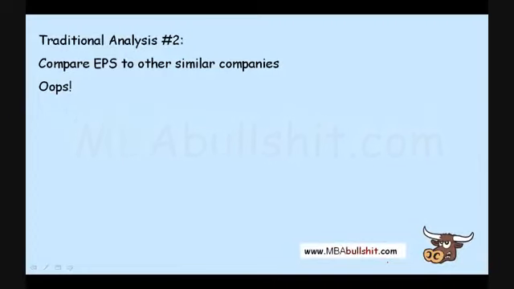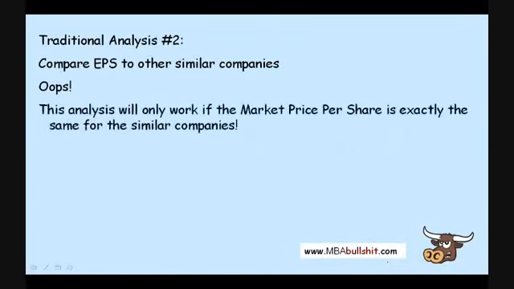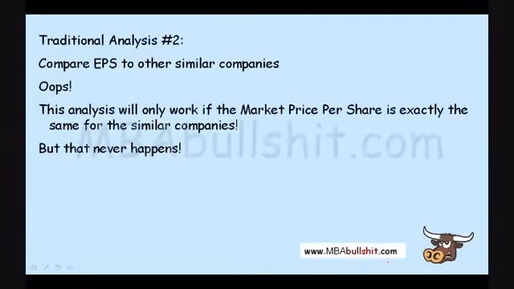When you compare a ratio to other similar companies, that's okay. But when you compare earnings per share to other similar companies, this will only make sense if the market price per share is exactly the same for similar companies, or if the equity per share is exactly the same for similar companies. But that never happens.